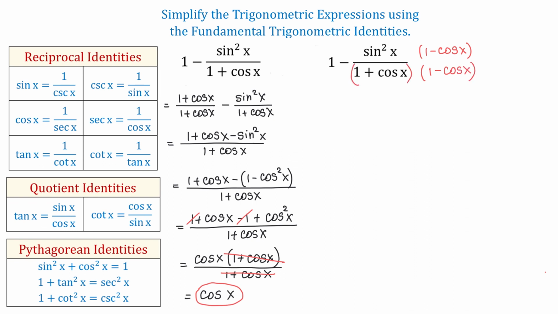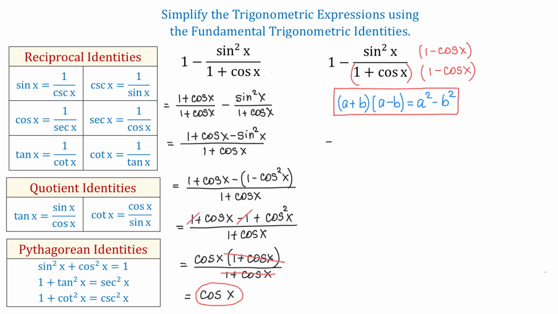Now to multiply these two expressions in the denominator, I will use the formula a plus b times a minus b equals a squared minus b squared. So this is the formula for the product of the sum and the difference of two terms.